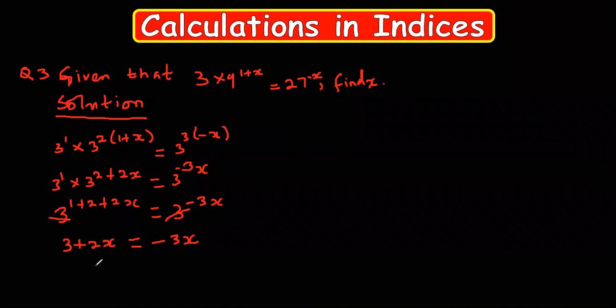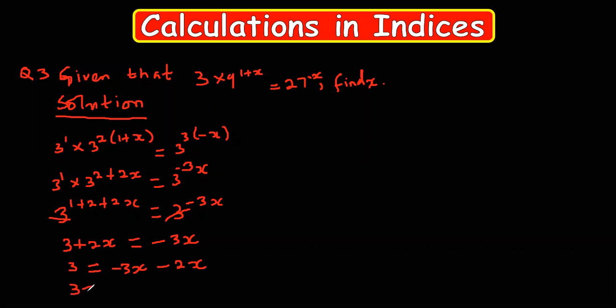Here we collect like terms. When we collect the like terms, we are going to have 3 equal to minus 3x minus 2x. So what is our value here?